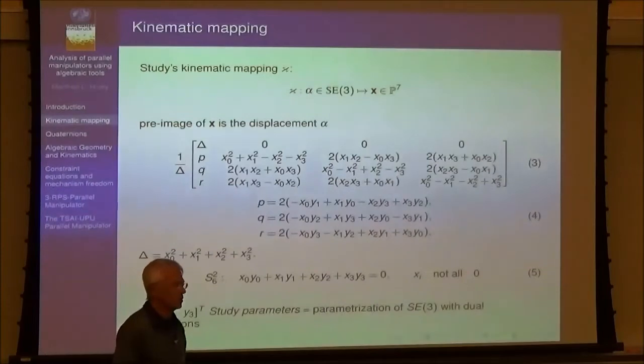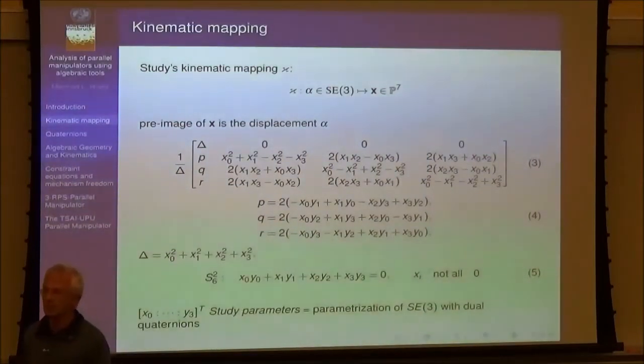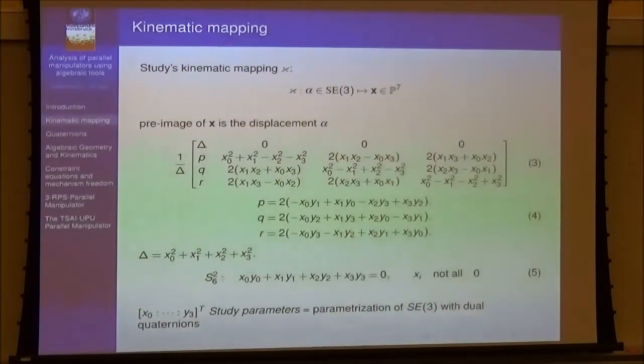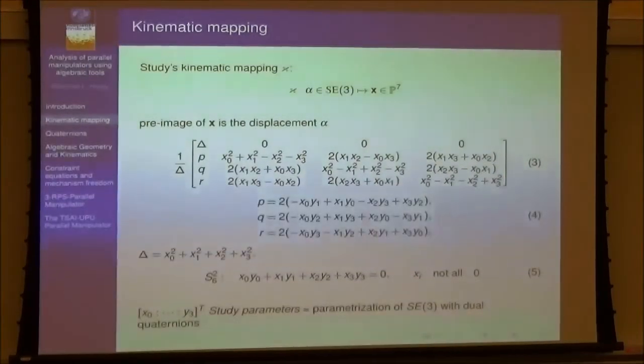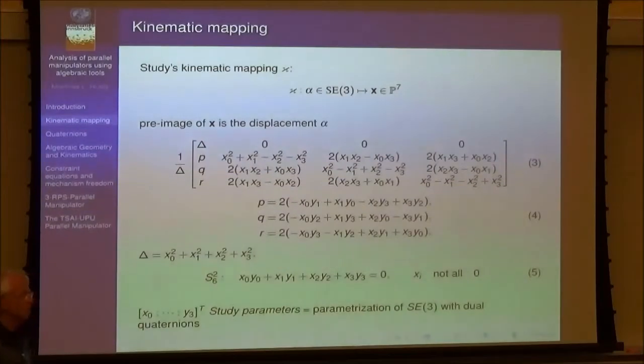Rodriguez parametrization is also not singularity free, because it takes out all 180-degree turns about an axis. The 180-degree turns are herein because they are mapped to the space x0 equals 0. These parameters are sometimes called Study parameters.